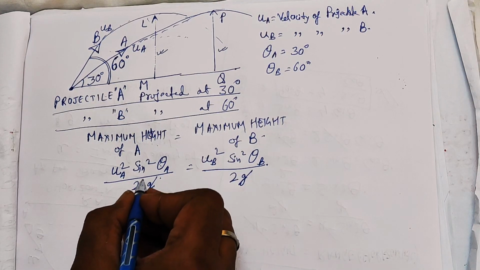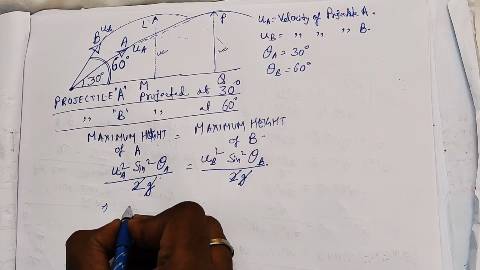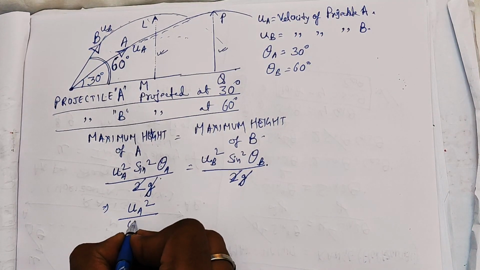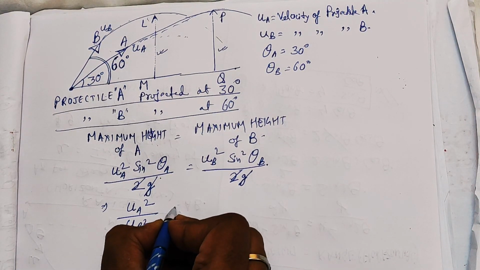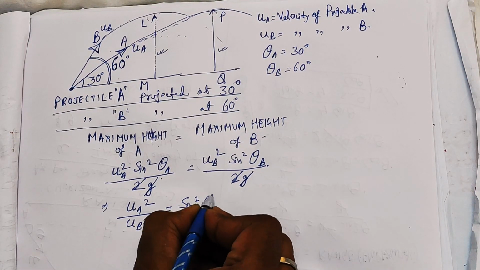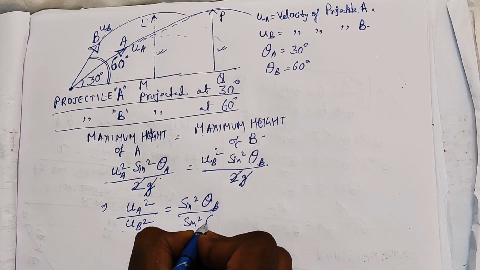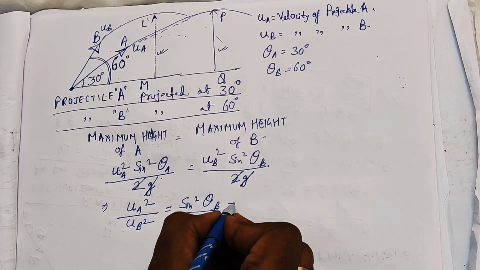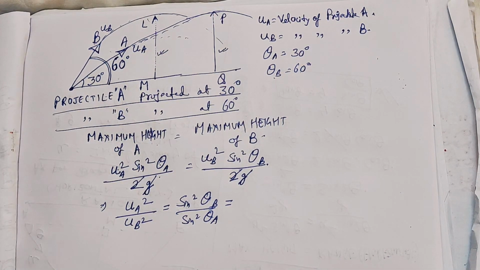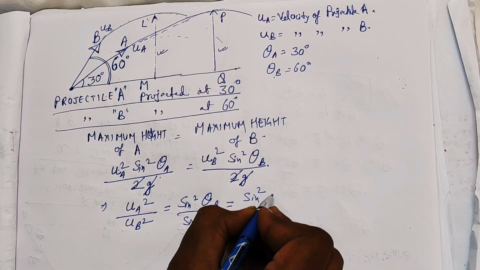So simply put the values over here, 2g will be cancelled out, and uA² by uB² can be written as sin² theta B by sin² theta A, right? So theta B and theta A are known to us, that is 60 degree and 30 degree respectively.